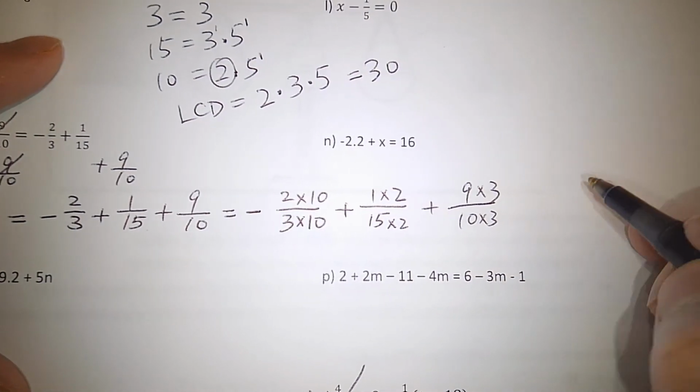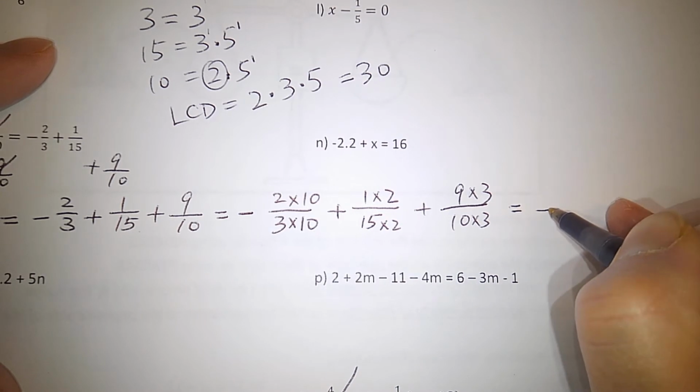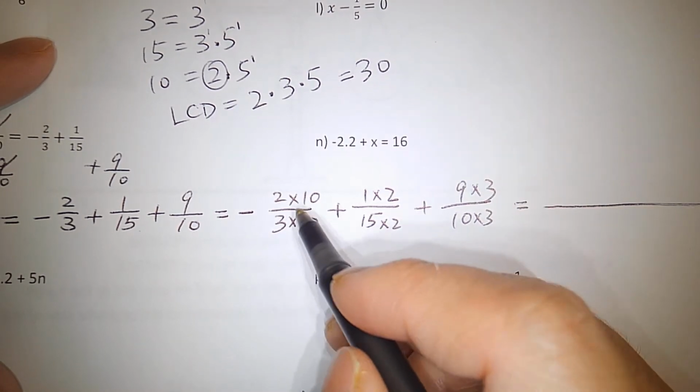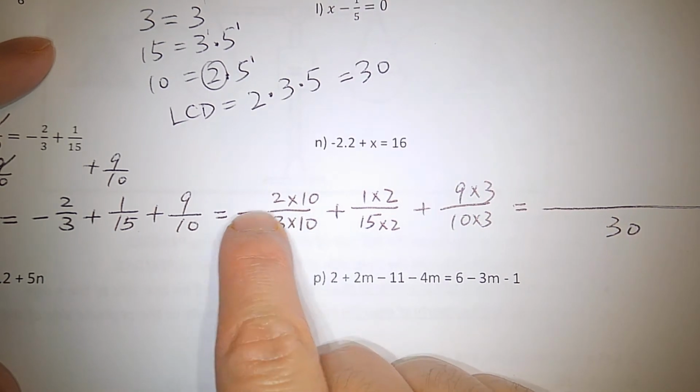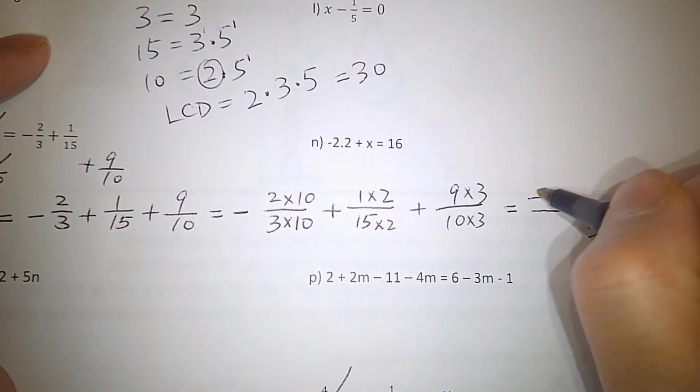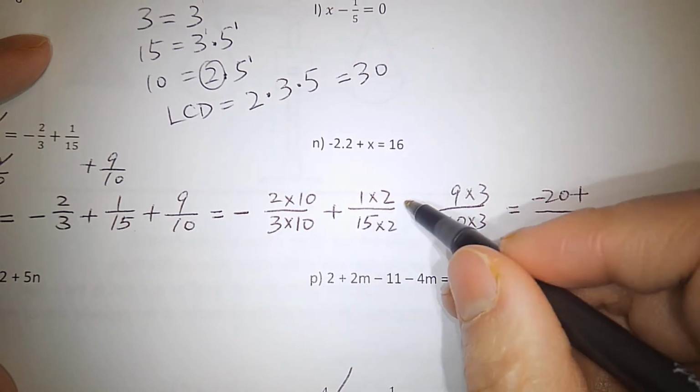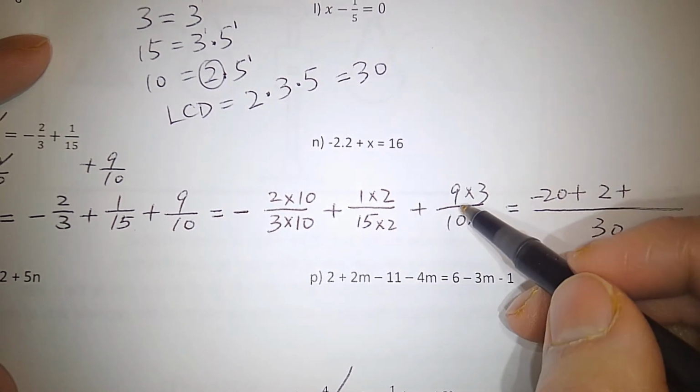Okay, so we will combine everything over 30, 30, 30: negative 2 times 10, 20, 1 times 2, 2. What is 9 times 3?